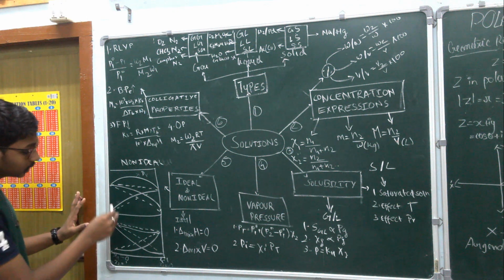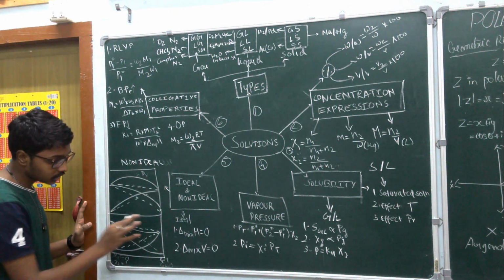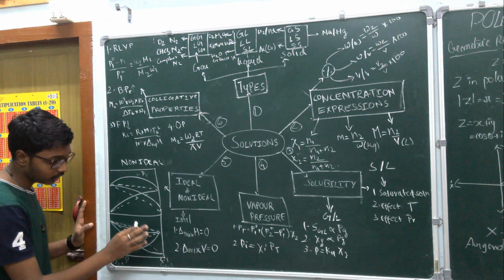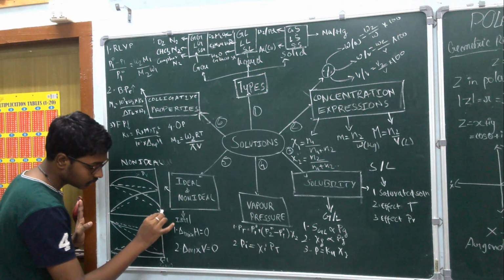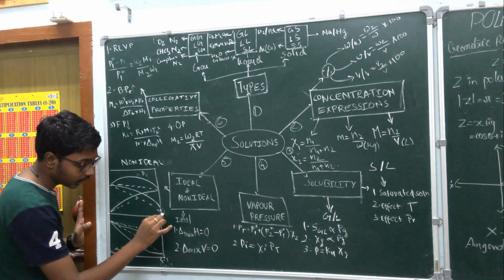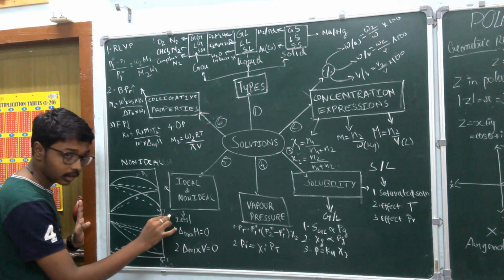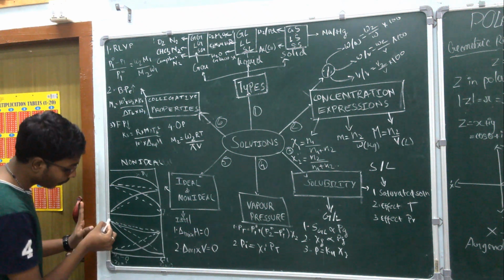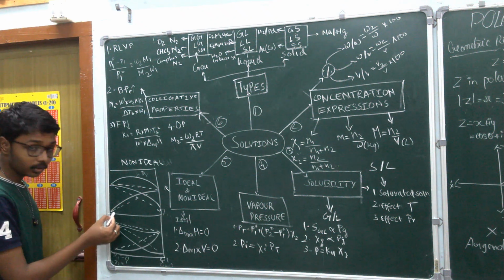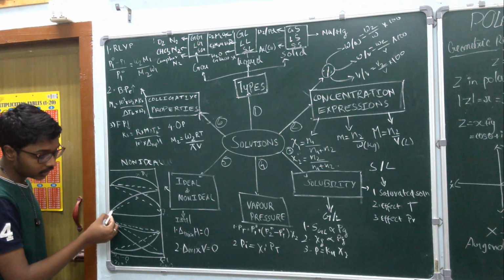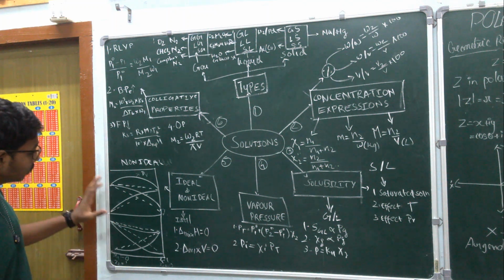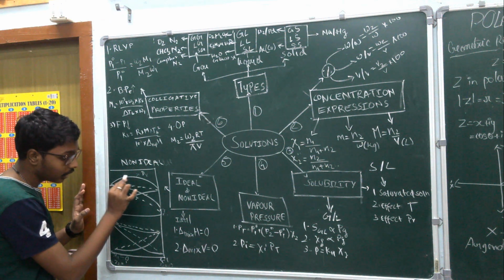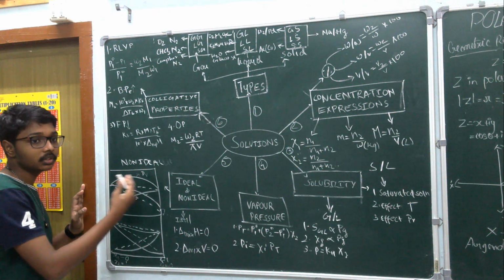In this graph, first is positive deviation and second is negative deviation. This point is where chi of solvent is equal to 1 and chi of solute equal to 0. The starting point represents chi of solvent equal to 0 and chi of solute equal to 1. The curve going upwards represents the positive deviation.